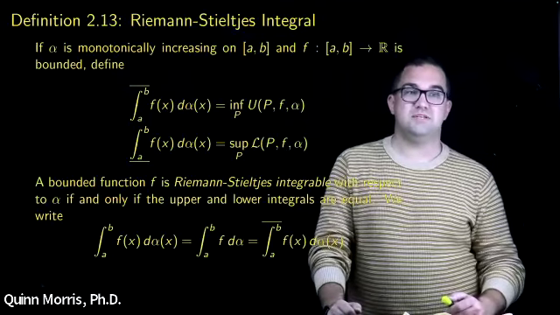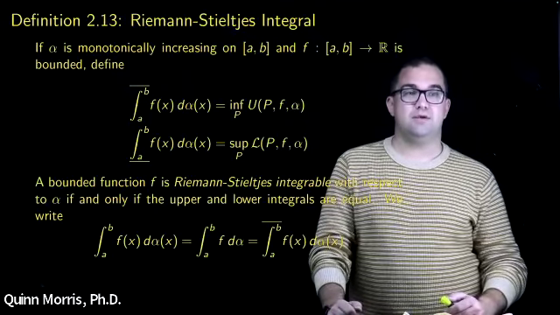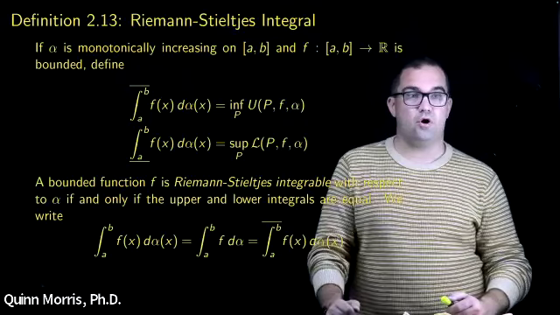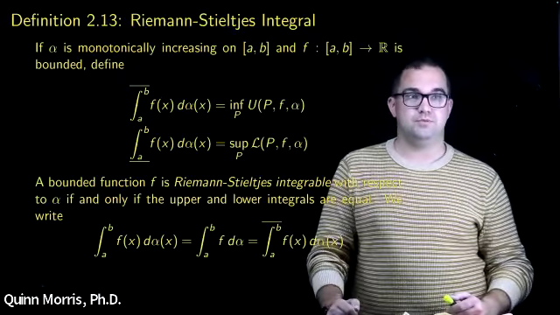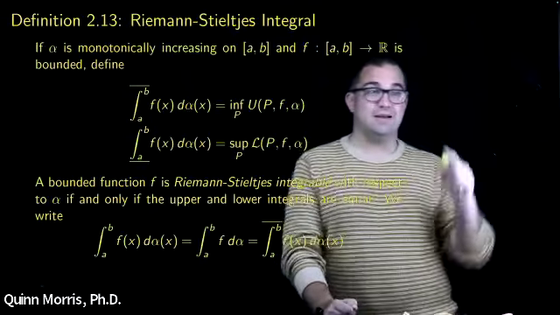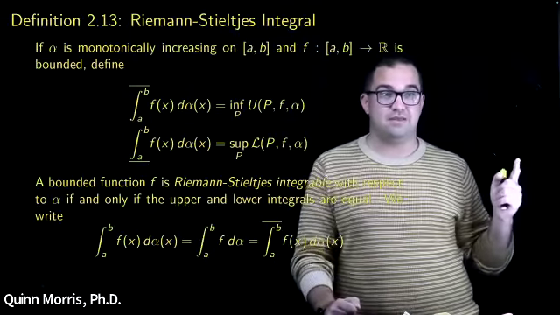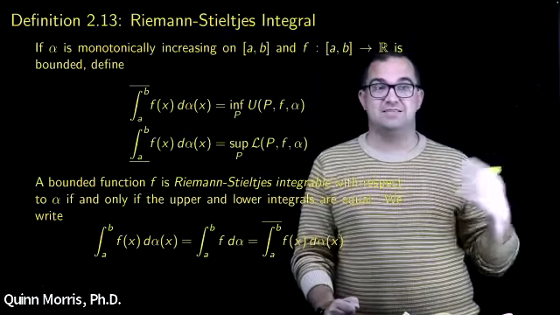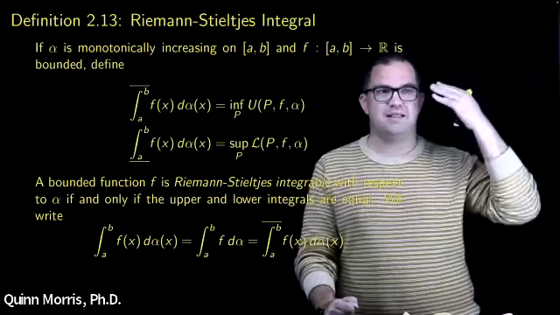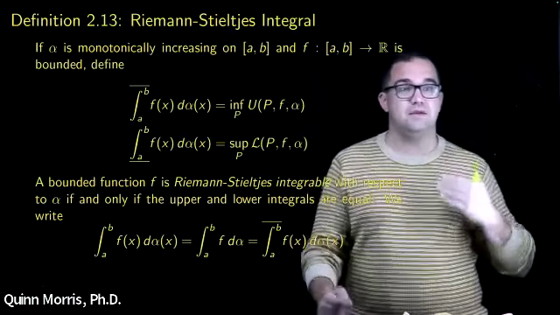The lower Riemann-Stieltjes integral is simply the supremum over all partitions of the lower Darboux-Stieltjes sums. So again, you're just adding a dash Stieltjes to the name of everything, and changing every definition to have delta alpha k's instead of delta x sub k's. But fundamentally, it's all exactly the same idea.